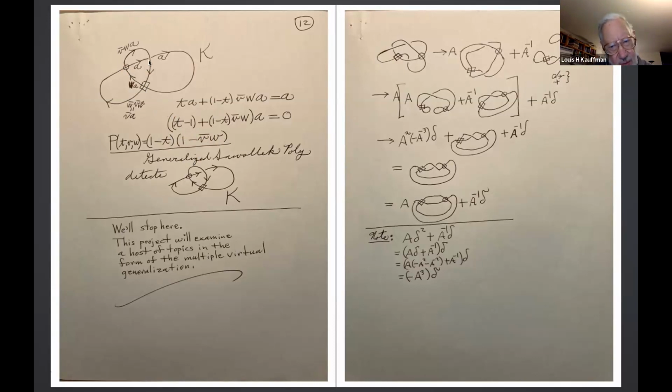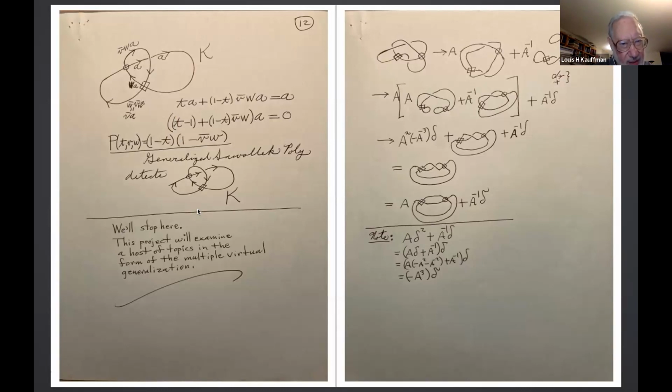So what I'm saying here is that many of the invariants of virtual knot theory do generalize in quite non-trivial ways to multiple virtual knot theory, where multiple virtual knot theory means for me here that you have as many virtual crossings as you like, and each virtual crossing has its own detour ability, and so they are all on a level playing field with regard to one another.